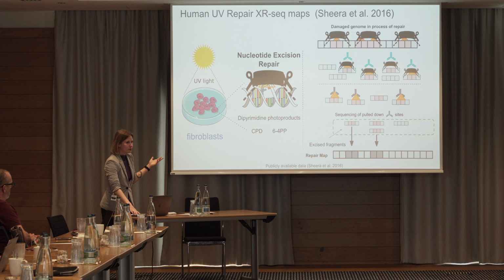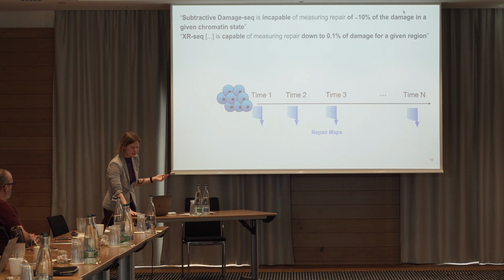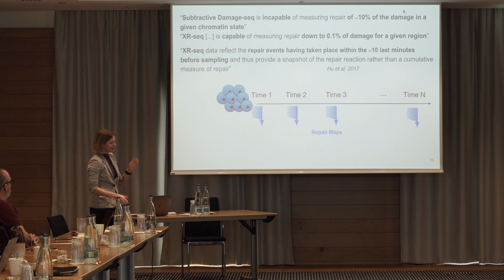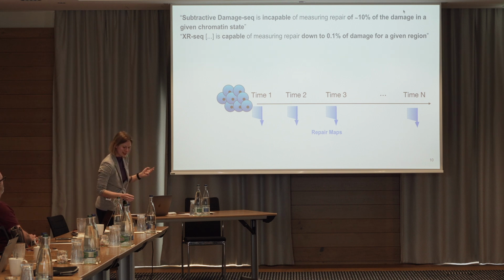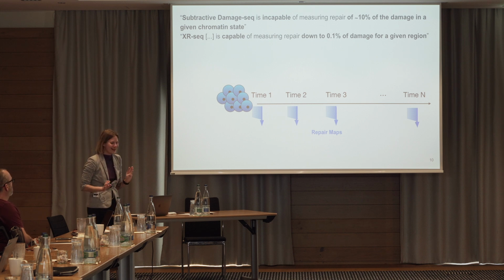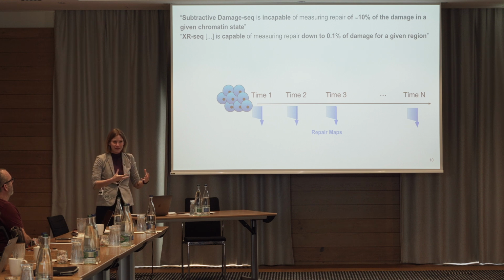So if we also have the repair maps, why don't we use just them? As the authors say themselves, XR-seq is way more sensitive in general than the subtractive damage-seq when it comes to looking at specific regions of DNA and judging the amount of damage that is happening there.